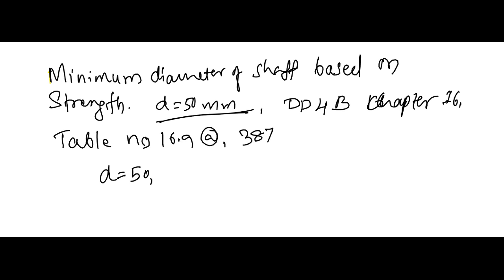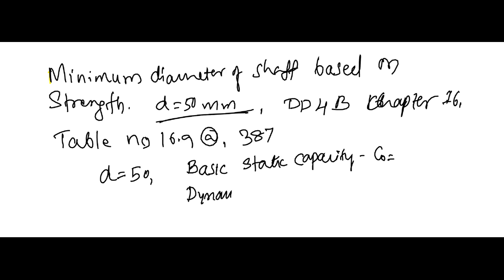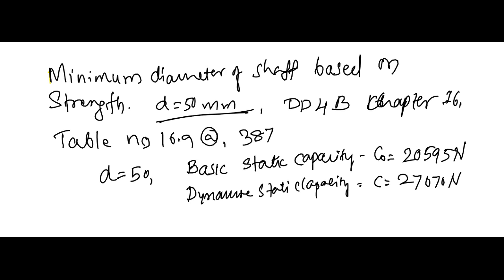With relation to this, you note down the value of C naught and C. The basic static capacity C naught for 50 mm is 20 kilonewton. Now the dynamic capacity C is 270.